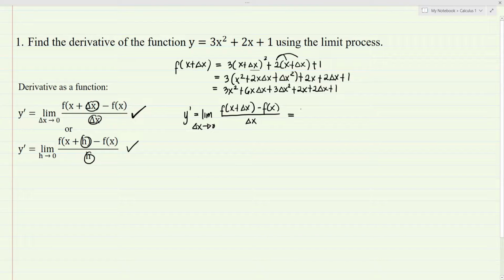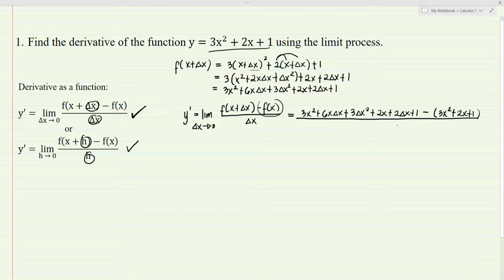I will have here f of x plus delta x, that is 3x squared plus 6x delta x plus 3 delta x squared plus 2x plus 2 delta x plus 1, then minus f of x, and f of x is just our original function, 3x squared plus 2x plus 1, then all over delta x.